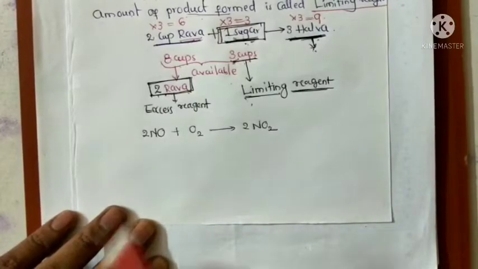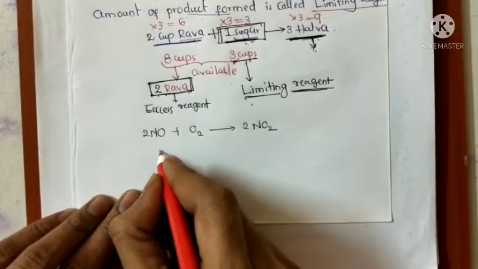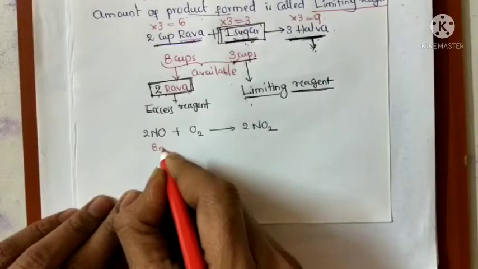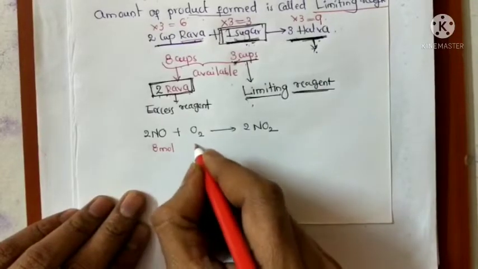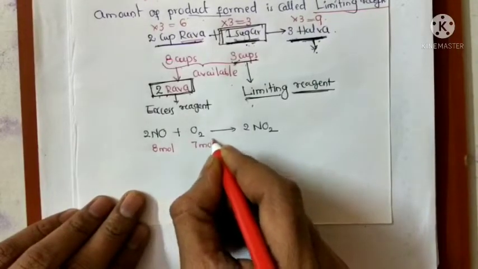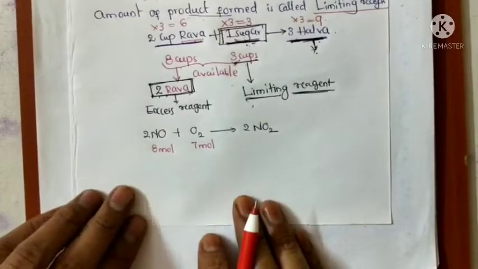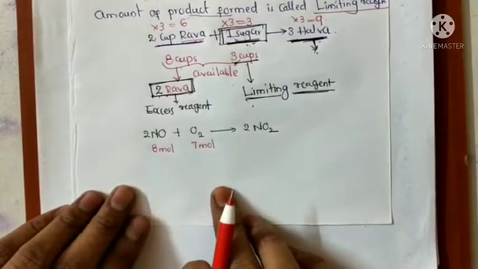Okay, but the available amounts are given: 8 moles of nitrogen monoxide and 7 moles of oxygen. From this we can find out which one is the limiting reagent.